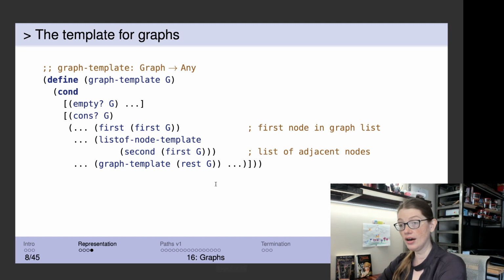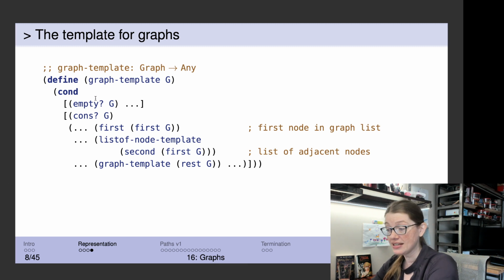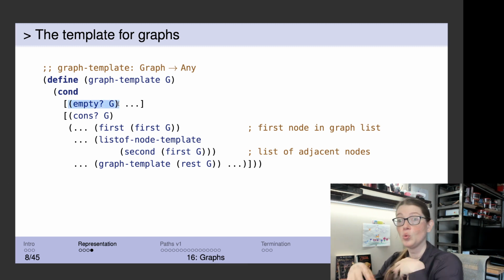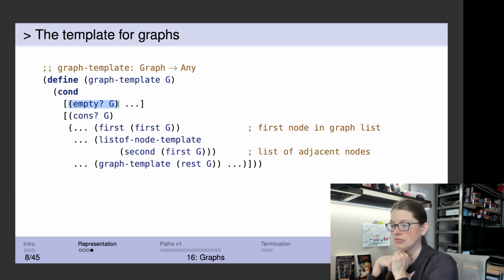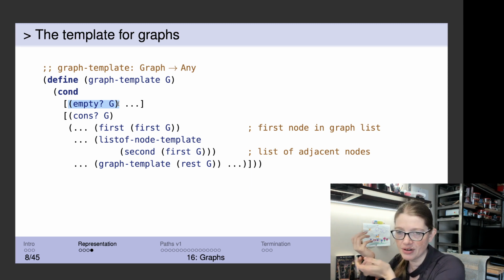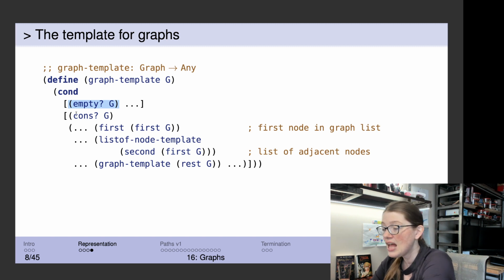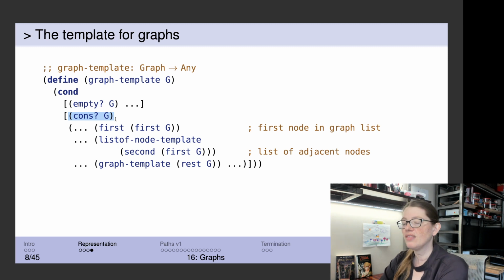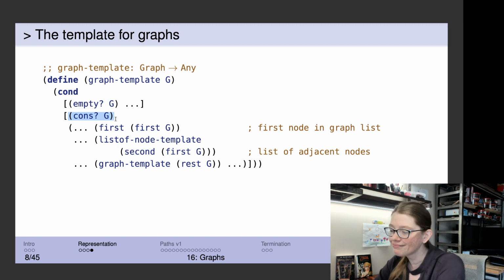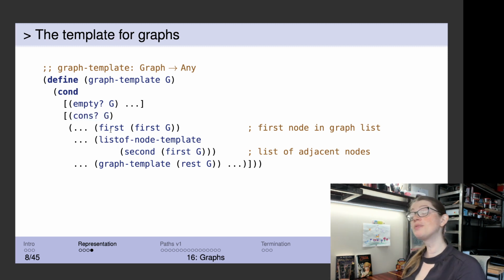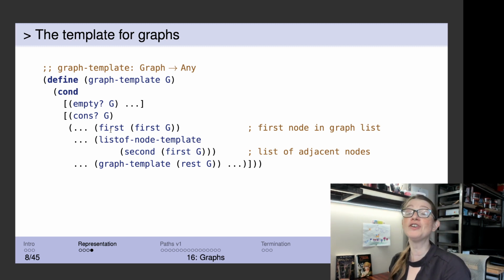Now, obviously then, we need to create a template for working with a graph. So there are two cases. The first case is that the graph is empty. We can't do anything with an empty graph. It's the base. But we don't know what the base case is, so we leave it empty. Otherwise, if the graph is not empty, this should be an else here, by the way, then we are presumably going to do something with the first node, that is maybe node A, and then we're going to do something with our out neighbors.